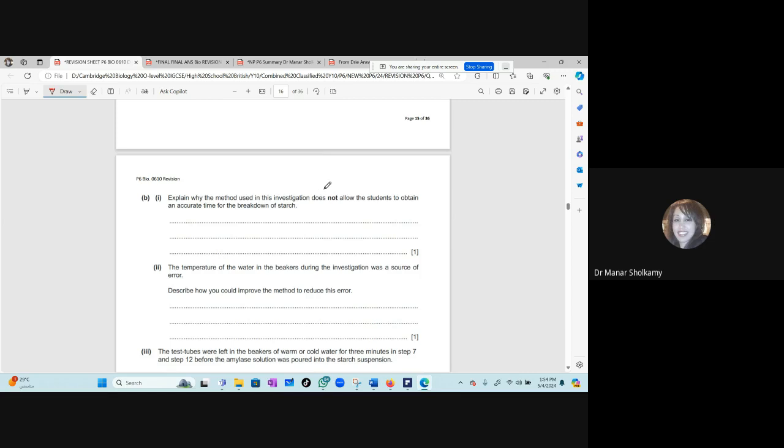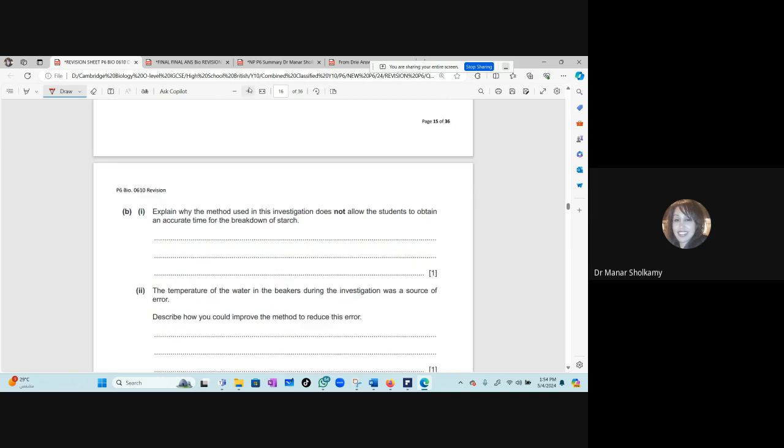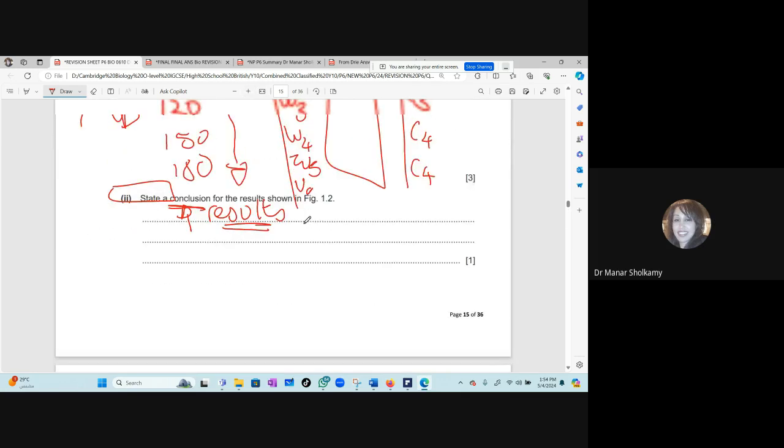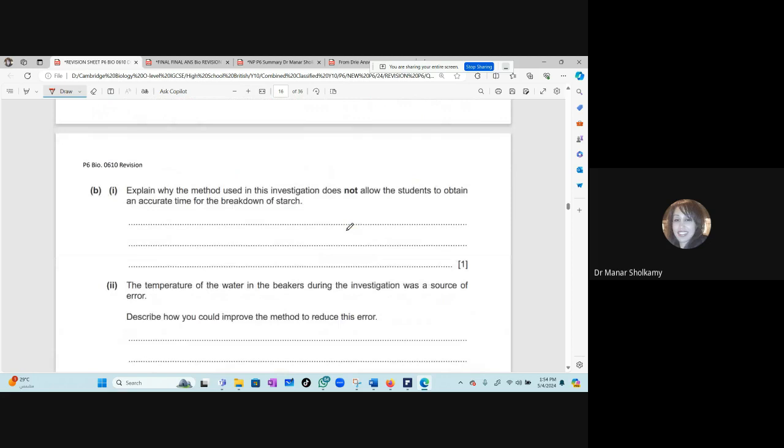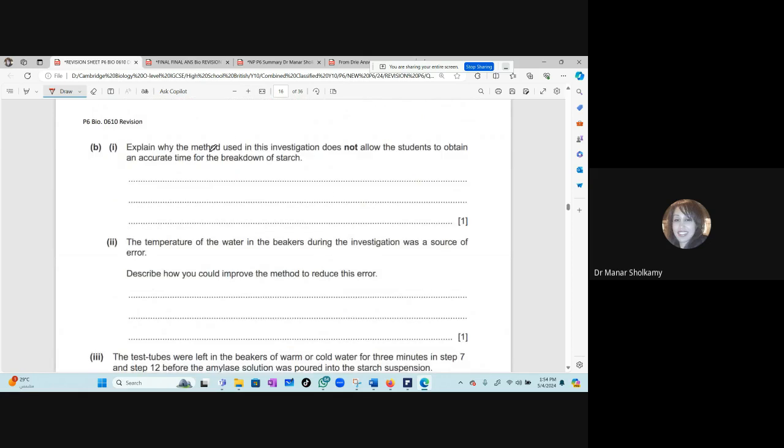Explain why the method used in this investigation does not allow the students to obtain an accurate time for the breakdown of starch. Now, that was a tricky question. They took a sample out of the test tube every 30 seconds. Why is that not accurate for the breakdown of starch?